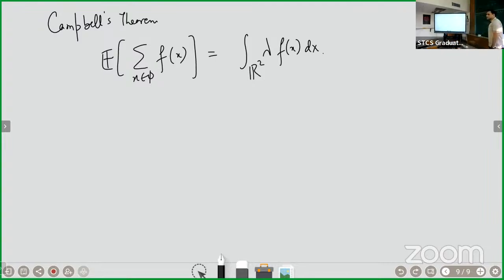Not a trivial result at all. What it is saying is that you freeze a point and start counting f of x with respect to all points in the Poisson point process. Its expectation is nothing but the usual integral of f of x multiplied by the intensity.